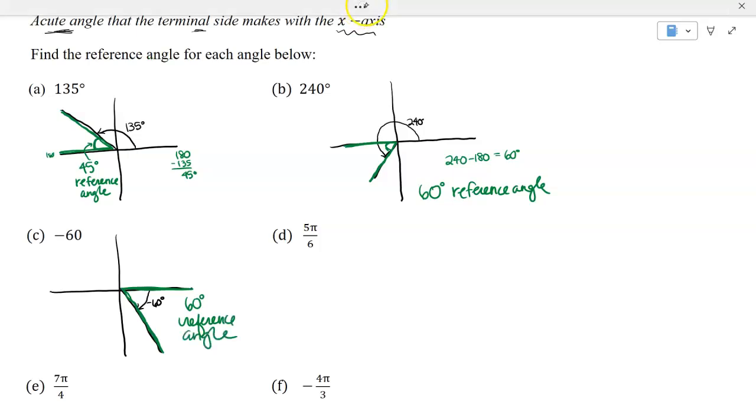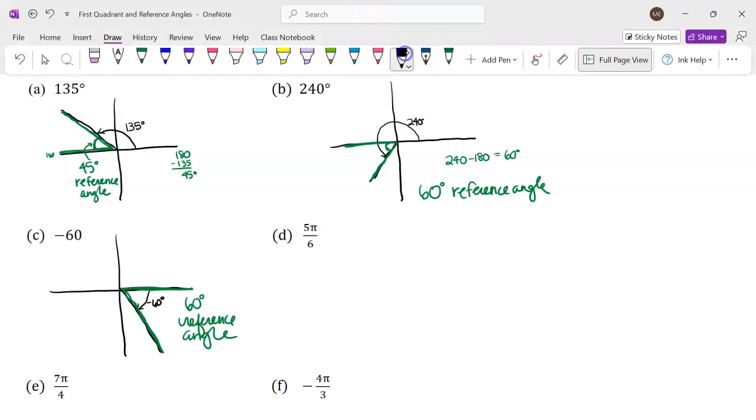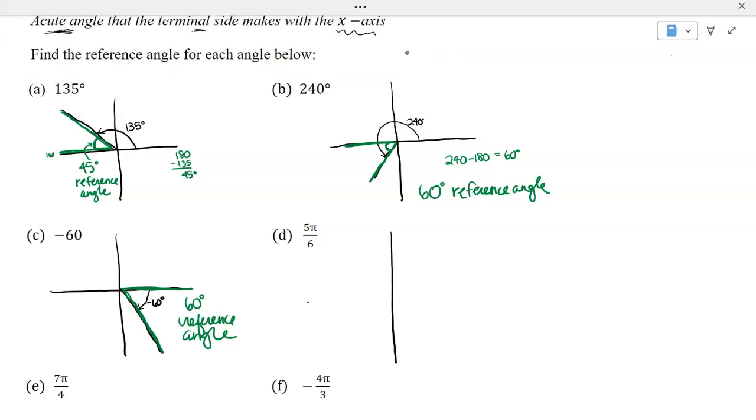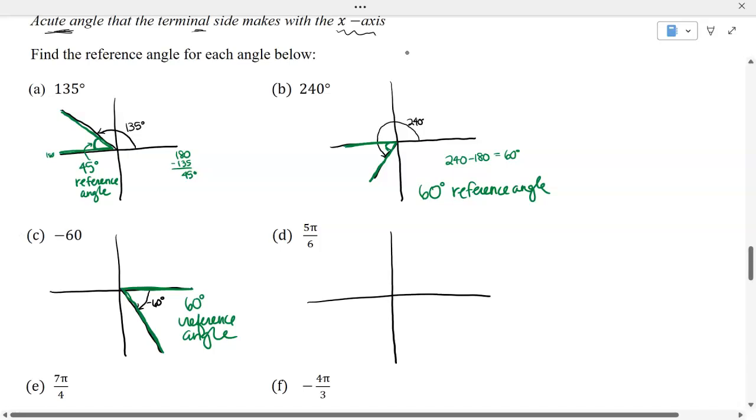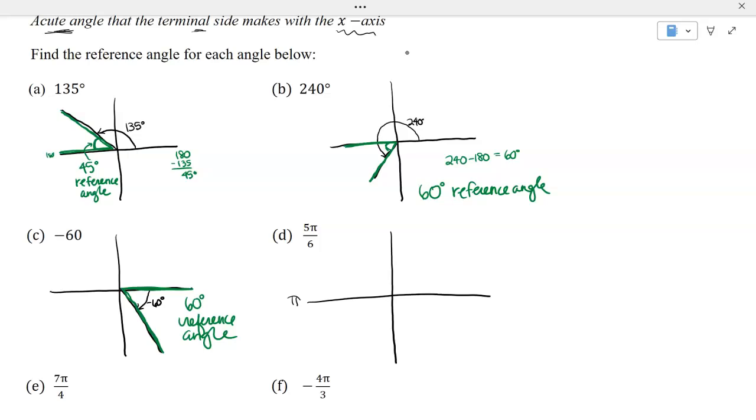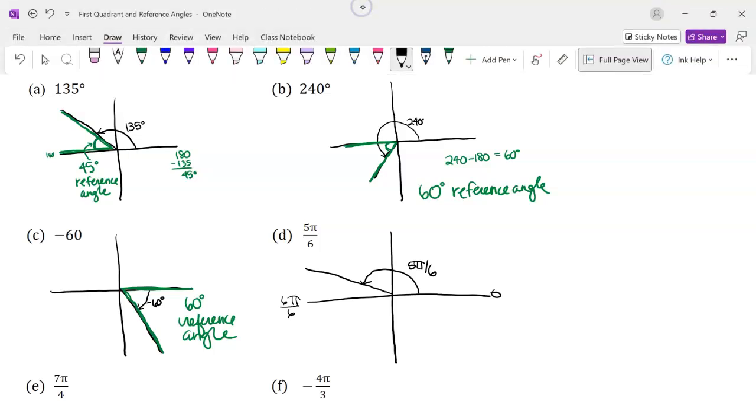So now let's talk about some examples where we have radians. So here, we've got 5 pi over 6, and that's not quite 6 pi over 6, right? 6 pi over 6 gets you pi. And so we know we're going to be over here in the second quadrant. That's going to be at 5 pi over 6. Now remember, I said pi is the same thing as 6 pi over 6.